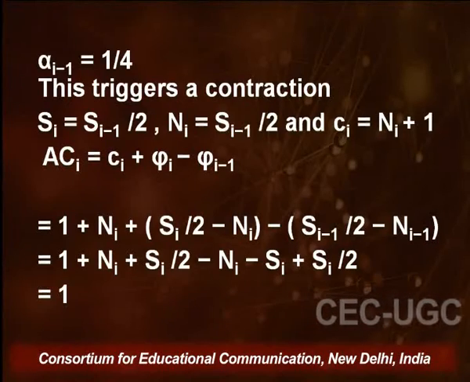Please remember, the actual cost is not going to be 1 here. Actual cost is going to be equal to n of i plus 1, because we are moving the whole table from the old structure to the new structure. That means we are moving all the elements of the table from the old to the newer table. So, C of i is equal to n of i plus 1.